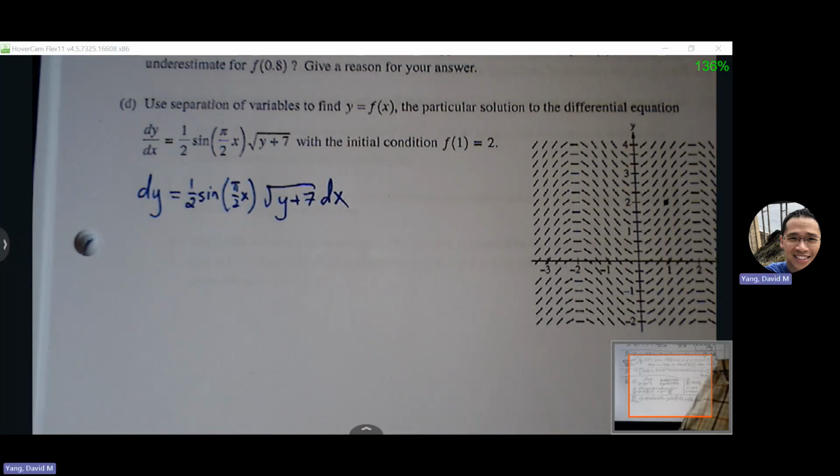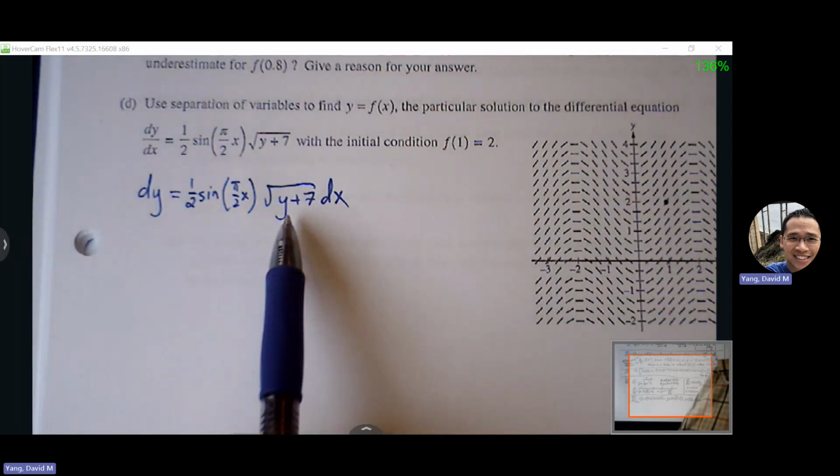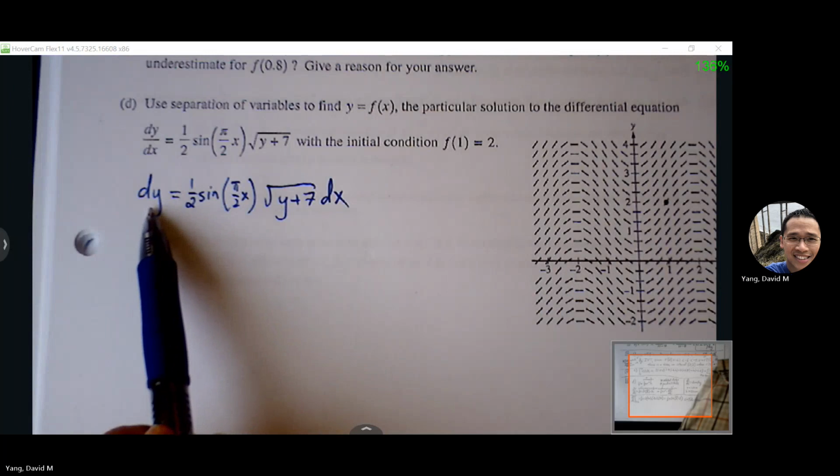Separate it from that plus 7. And what operation would you do? Would you add, subtract, divide, multiply? Divide. Yeah. So we're going to divide this over to this side, right?